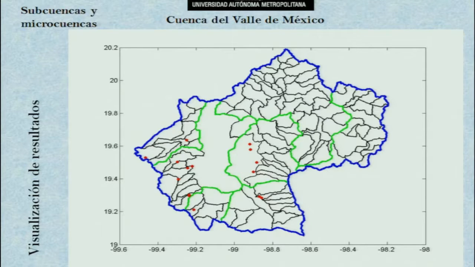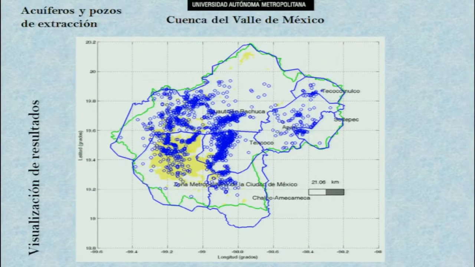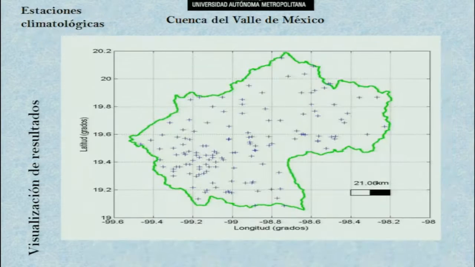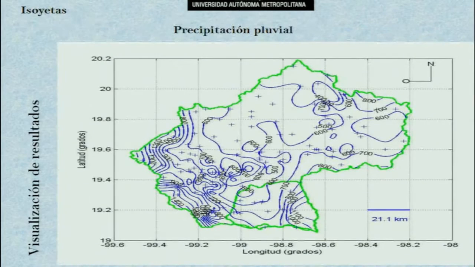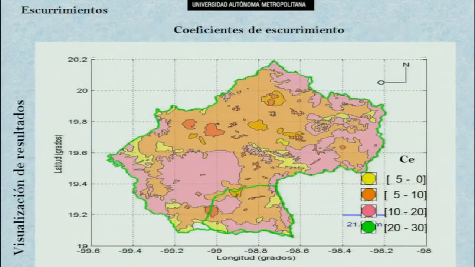This is an image of all the municipalities of the Basin of Mexico. All the information I have submitted is showing the urban sprawl with the irrigation units. Climate stations, the isohyets, all the processes that have to be generated for the runoffs of each area.